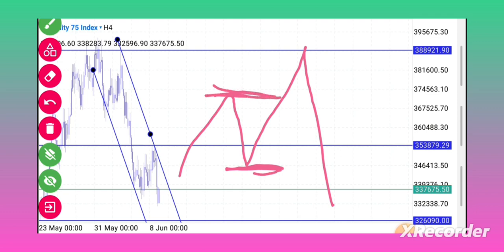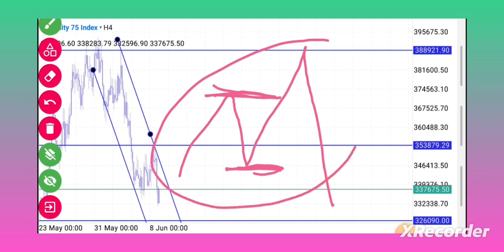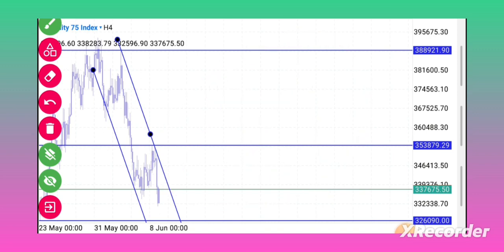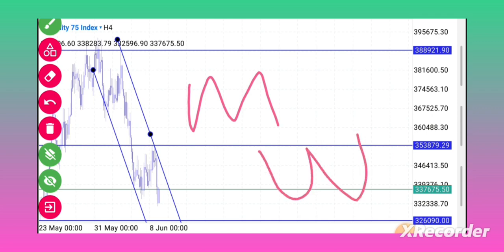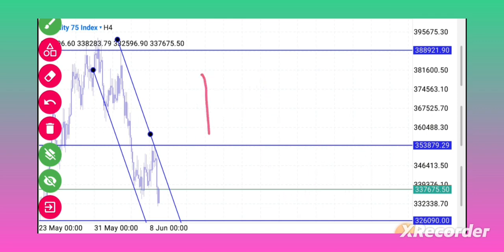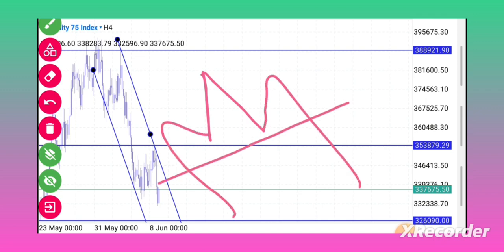Are you getting the point? So when the market takes that, this is the only thing we have to wait for. We call it an M pattern or a W pattern, or a head and shoulders pattern. Are you getting it, guys?